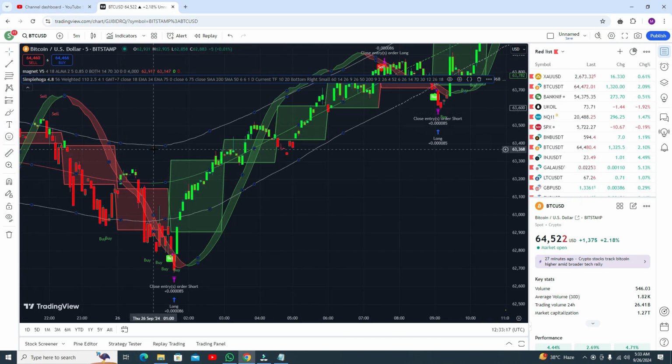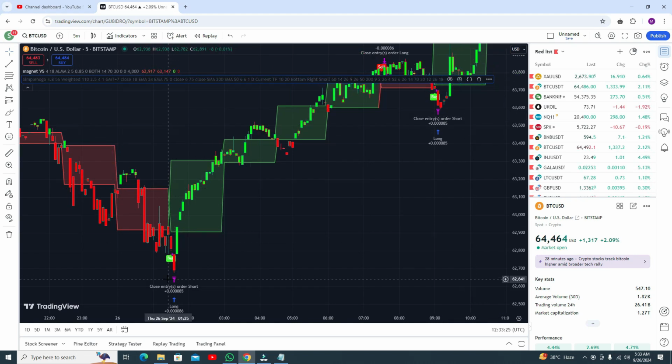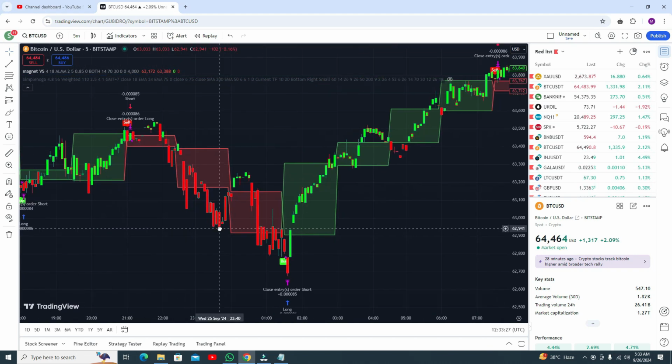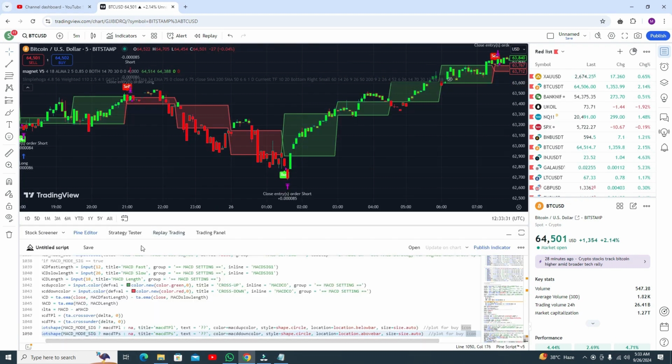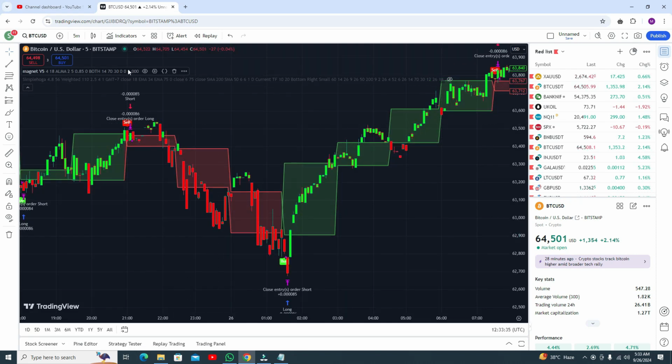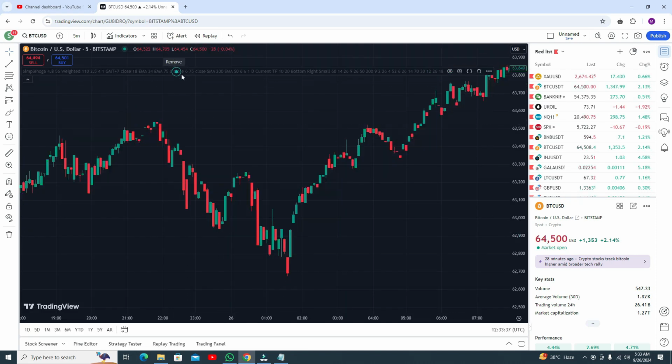Now there is a band and RSI, and there are some buy and sell signals. The previous indicator, this one, is giving you the buy and sell signal, and the accuracy of this indicator is around 89%.